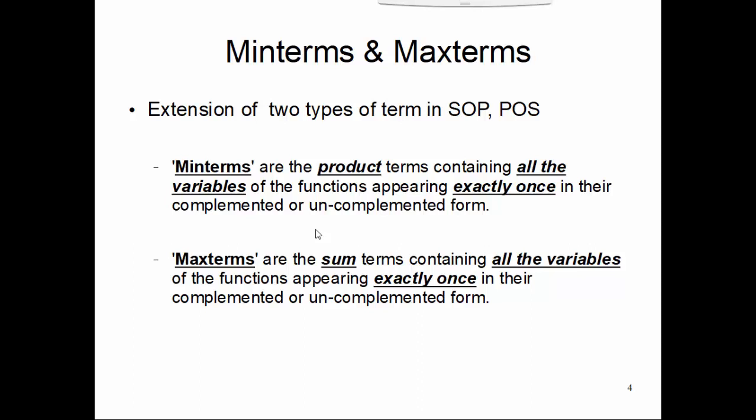In that way, it picked up these terms like product terms and sum terms. In Boolean algebra, if a product operation is mentioned, it really means the AND operation, and if a sum operation is mentioned, it really means the OR operation.